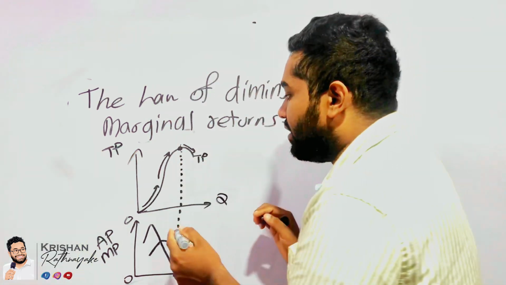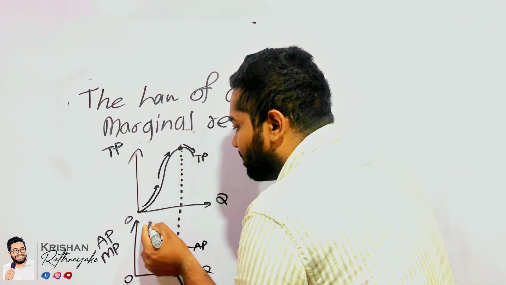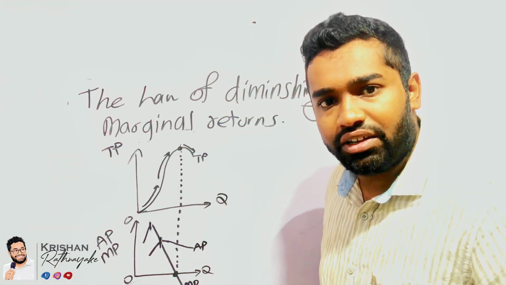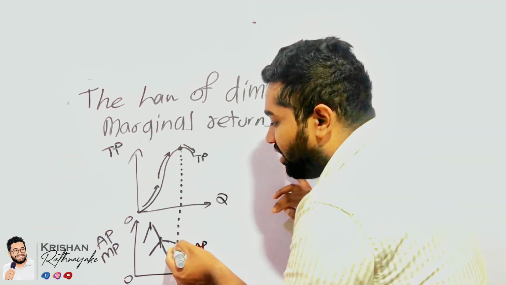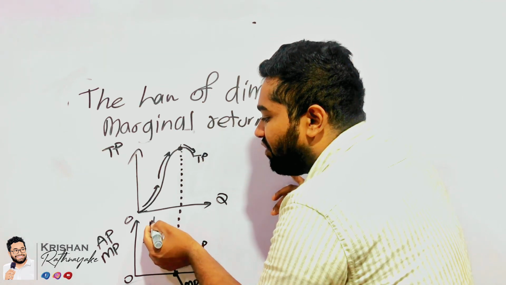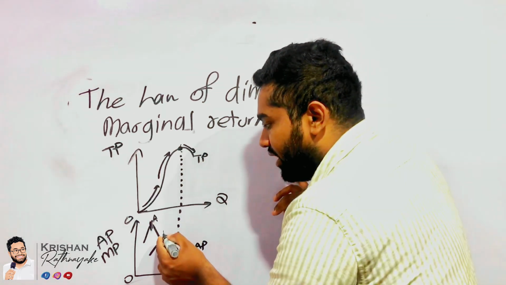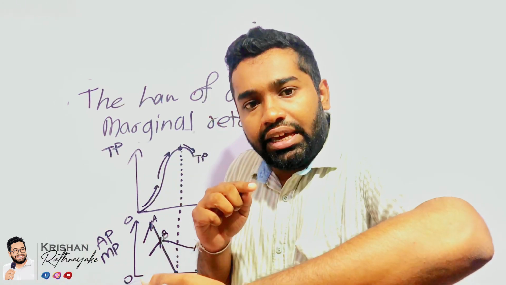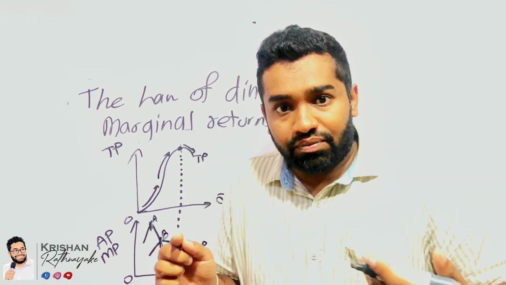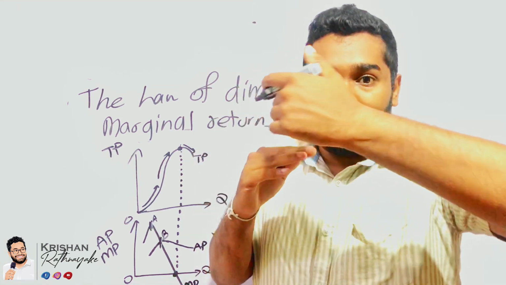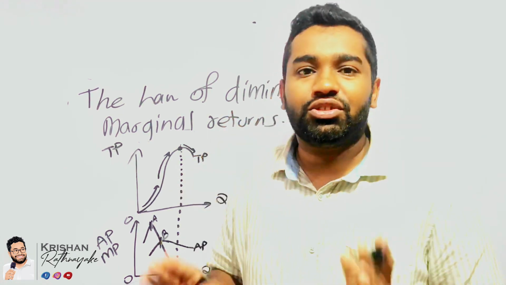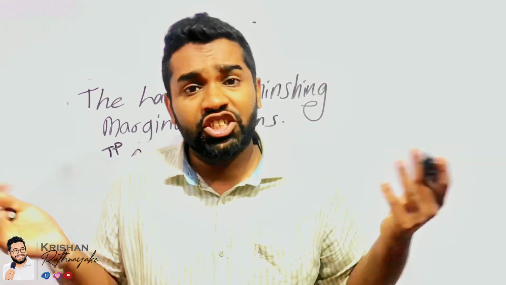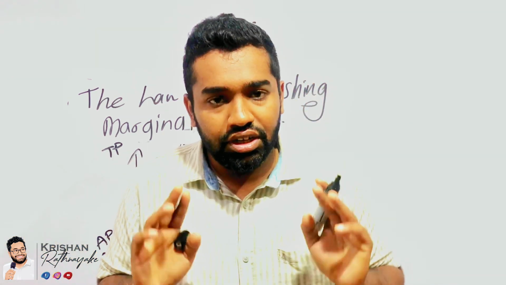Then in the short run, the law of diminishing marginal returns says that after a certain point, here A, here B, the average product AP and marginal product MP start to decrease. This is known as the law of diminishing marginal returns. Understood?